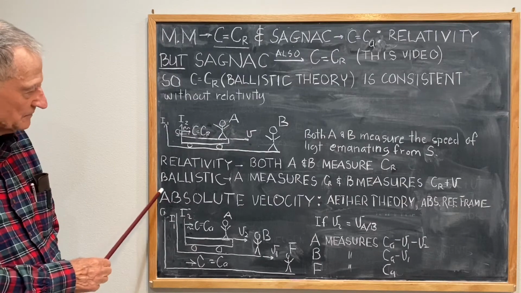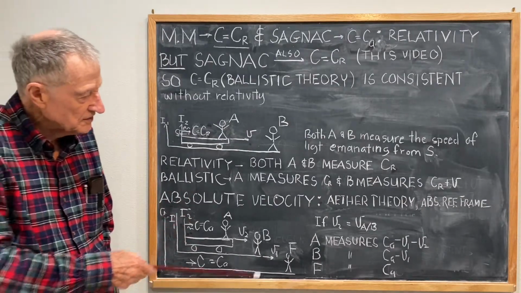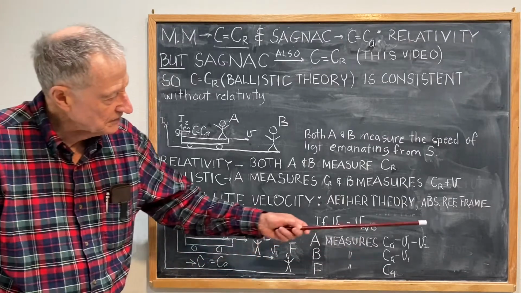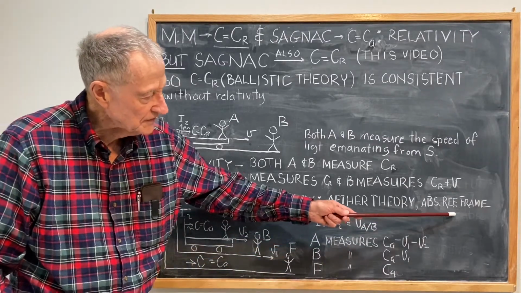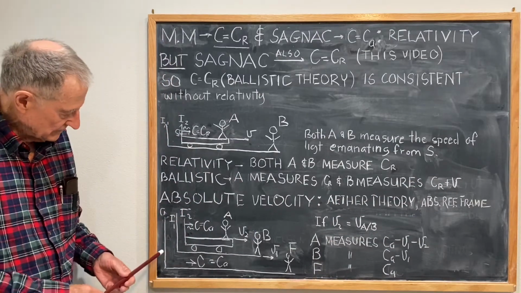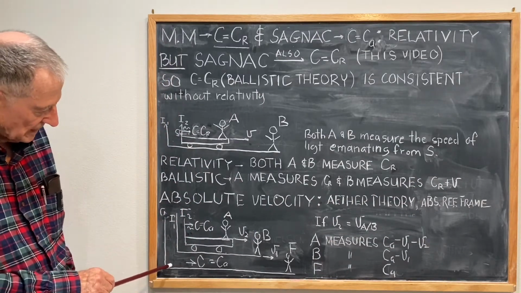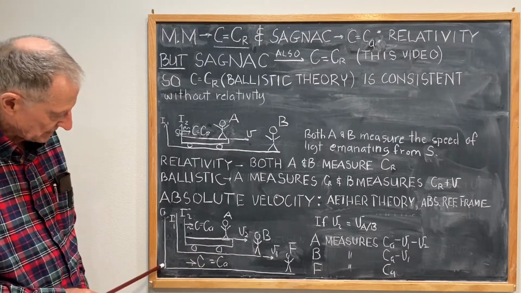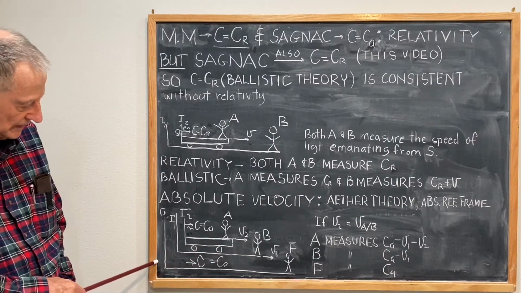Now, for the absolute velocity, which is also the ether theory, which presumes the existence of an absolute reference frame in which c is constant, I have A and B both moving with respect to the absolute reference frame.